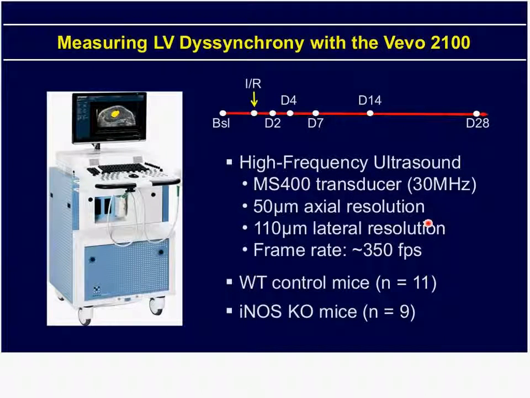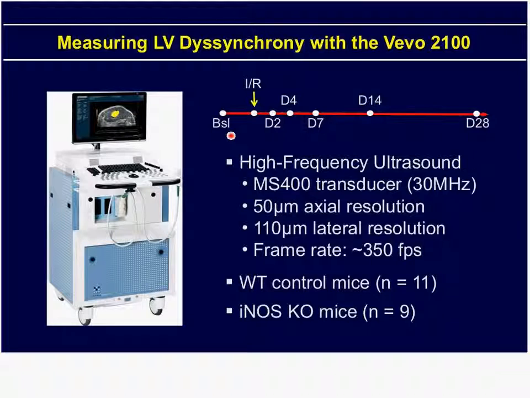So the final topic I'd like to touch upon today is measuring LV desynchrony with the VO 2100, and in this study we've used 11 control mice and 9 iNOS knockout mice.